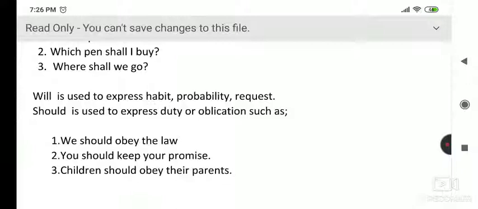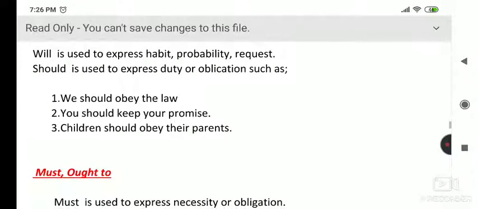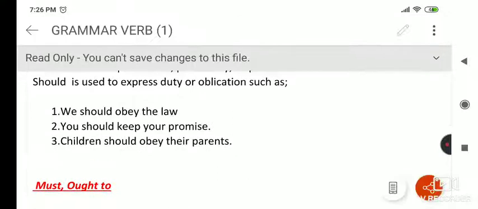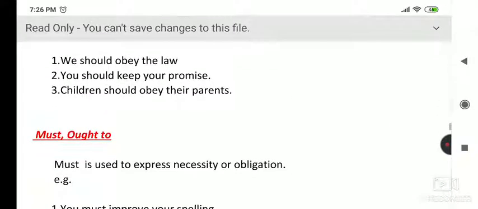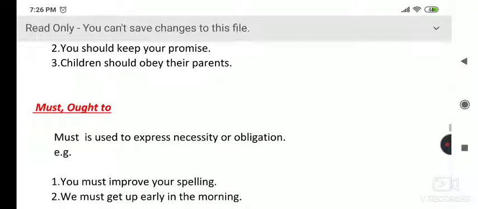Children should obey their parents. So, in this way, we use should to express duty or obligation.